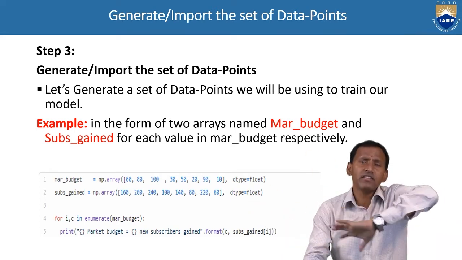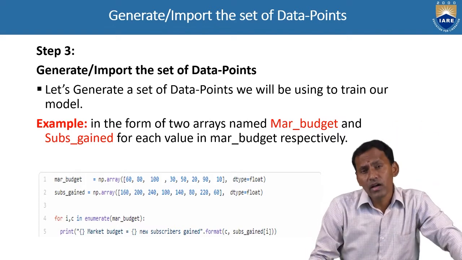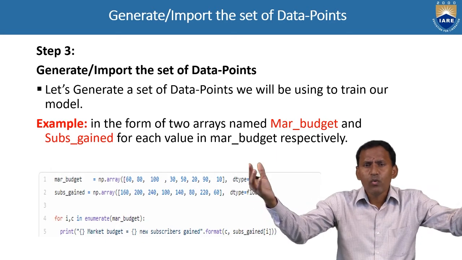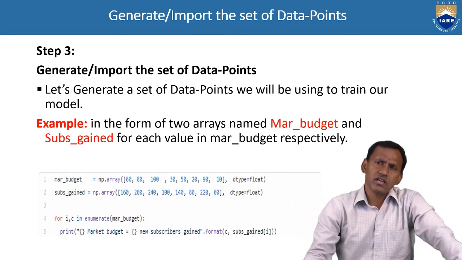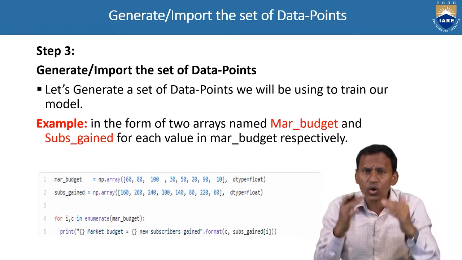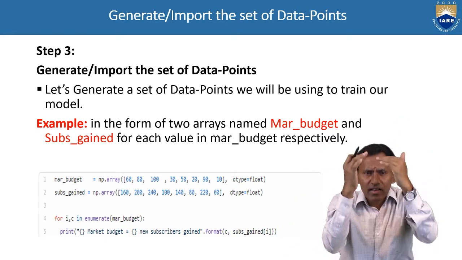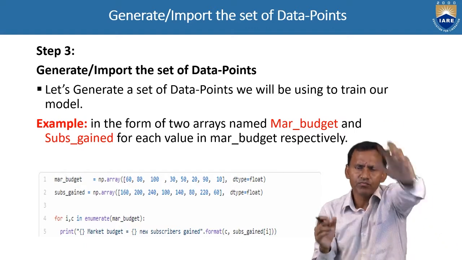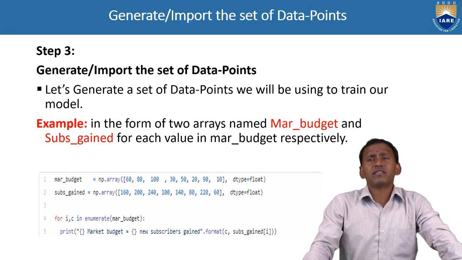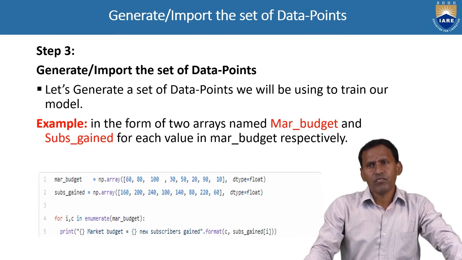We can create arrays using TensorFlow, where we create arrays by using tensors. Or else we can download it by using the load method. That is step 3, where we can generate or import a set of data points.